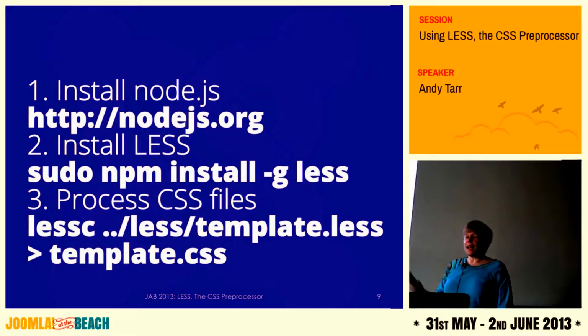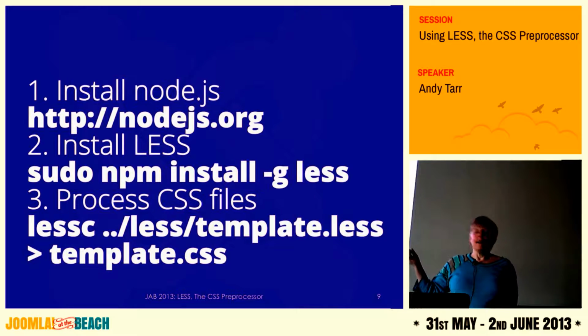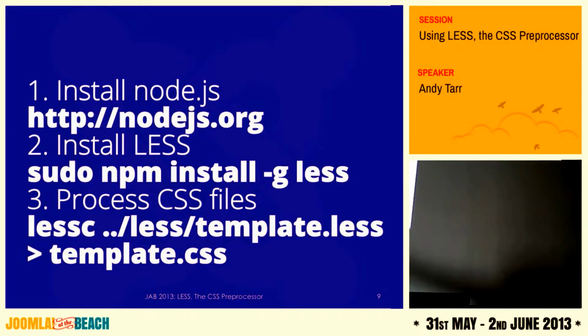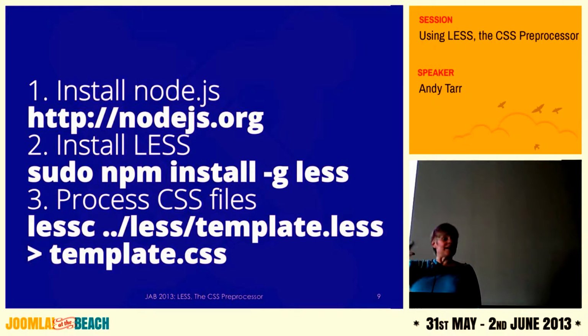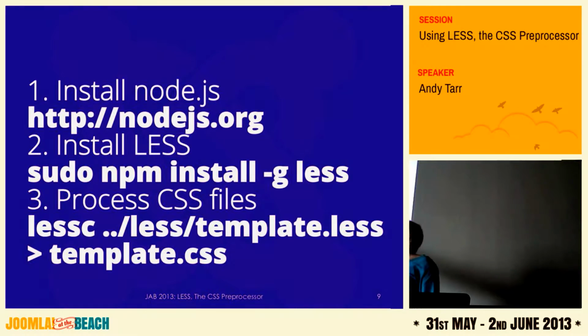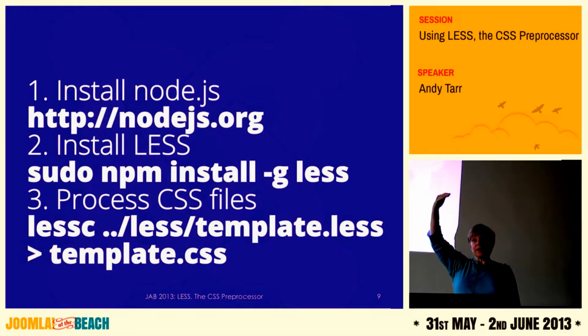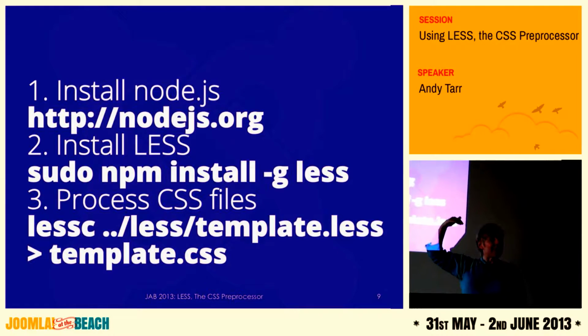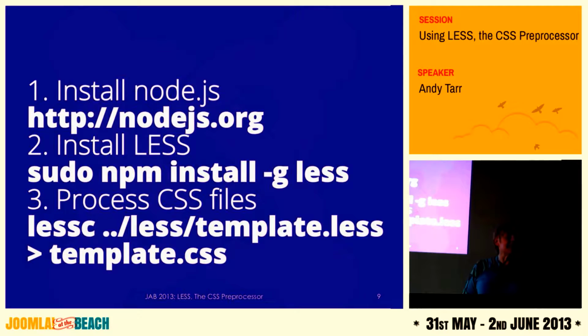In this particular case, I'm in the directory that has the CSS files in it. So I tell it, go up 2 directories. My structure is I've got a CSS folder and a less folder, and I've got the files under those folders. So I'm sitting in the CSS folder and I say, go up the directories to find the parent, come back down again into the less folder, find my template.less, and then output template.css to where I am. So that's one way you can do it.